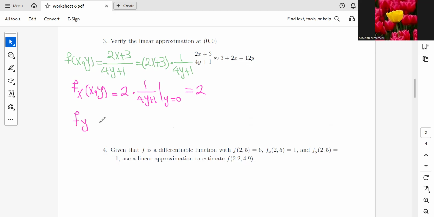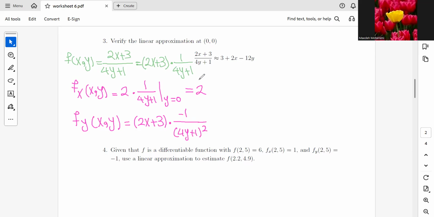Partial derivative of f with respect to y: the derivative of the part that has y. So we just copy the first part. It doesn't have any y in it. It works as a coefficient. But the next part is a quotient. So negative 1 over (4y plus 1) squared is the derivative.